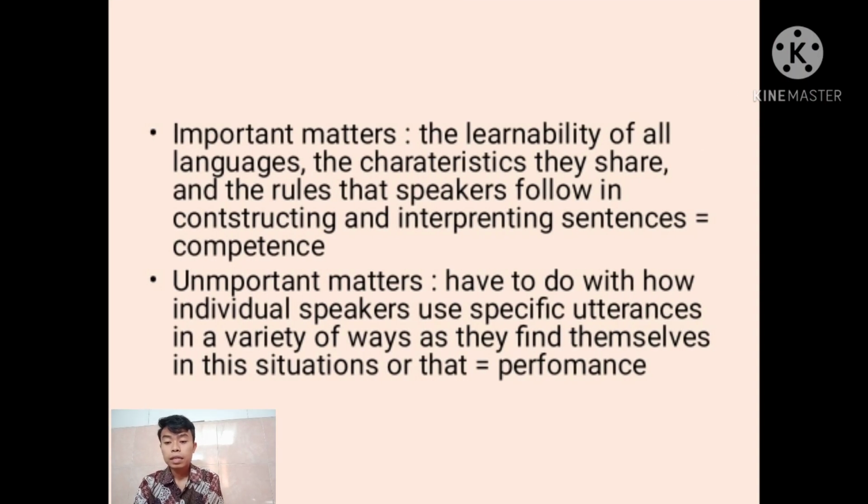Important matters are the learnability of the language, the character they share, and the rules speakers follow in interpreting sentences like complements. Unimportant matters have to do with how individuals use specific entities in a variety of ways as they find themselves in a situation, that is, the performance.